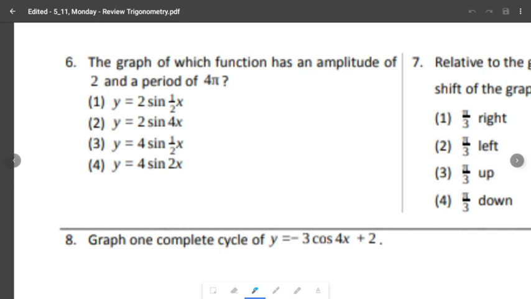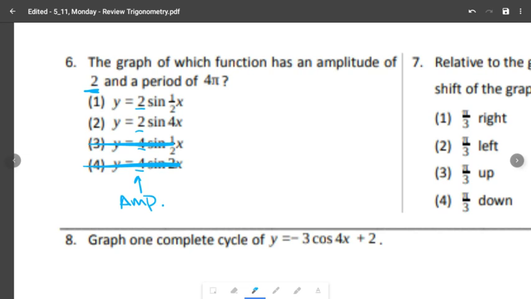Question 6. The graph of which function has an amplitude of 2 and a period of 4 pi? So looking at each of these, the number in front, remember that is your amplitude. So we want an amplitude of 2, so that eliminates answer choices 3 and 4.